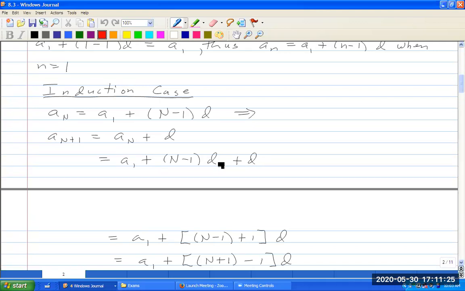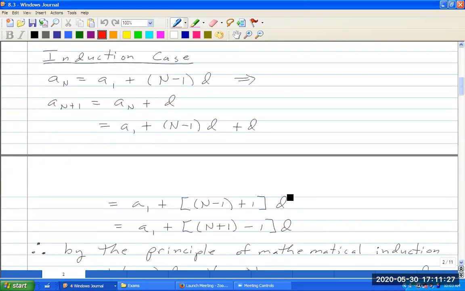By the distributive property, I can factor this out. This is just n minus 1 plus 1. I can change the order and regroup it. So this is n plus 1 minus 1. But now I see that this means that this formula here works when I replace n by n plus 1.